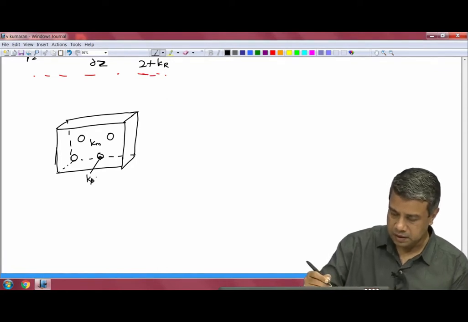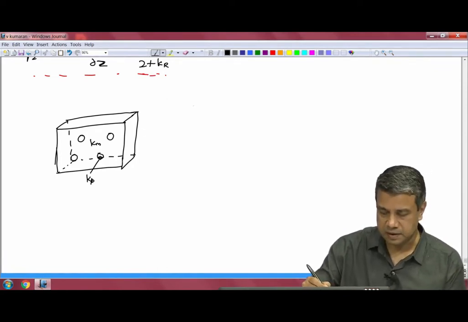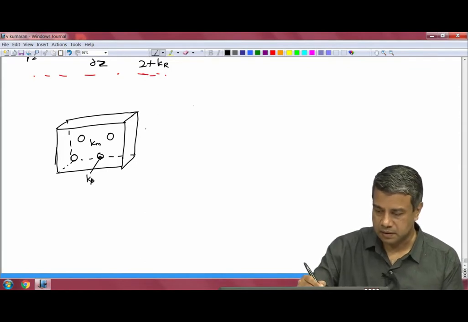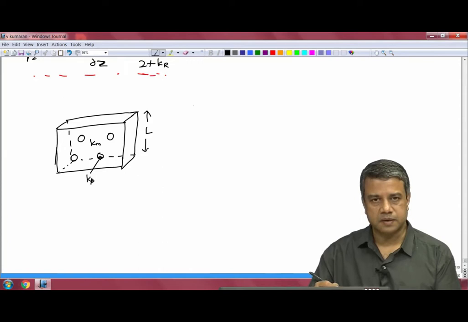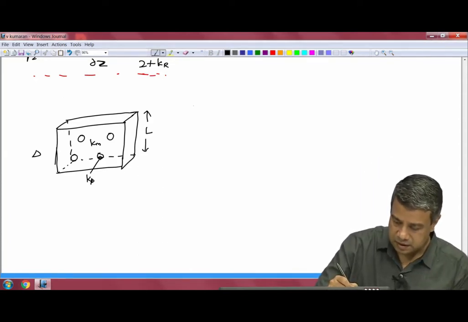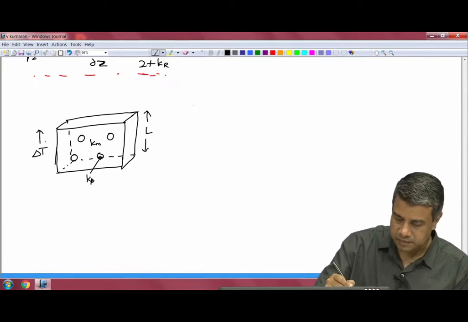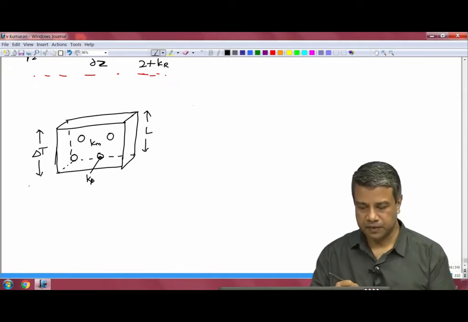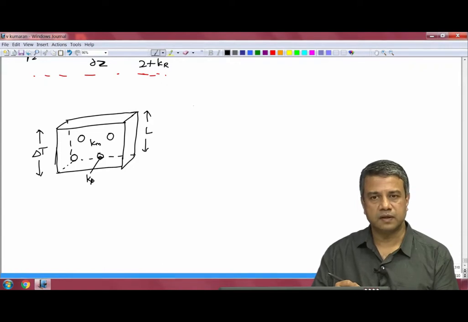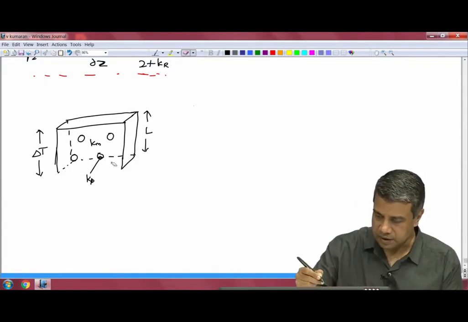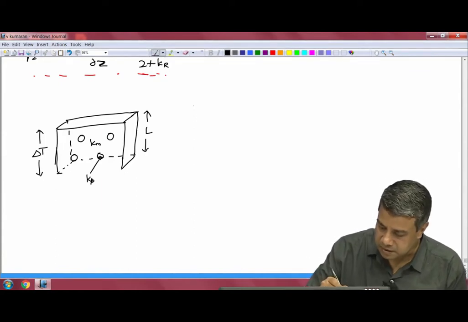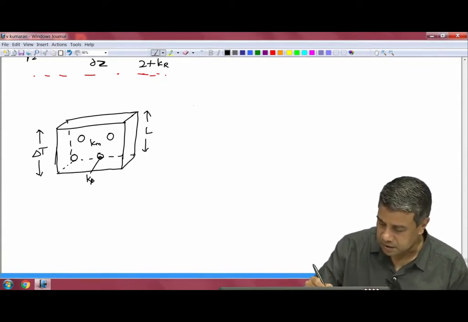and the length of the composite material in the direction of temperature variation is L, and there is a temperature difference delta T applied across it. We wanted to find out the effective thermal conductivity of this combination of matrix and particles.